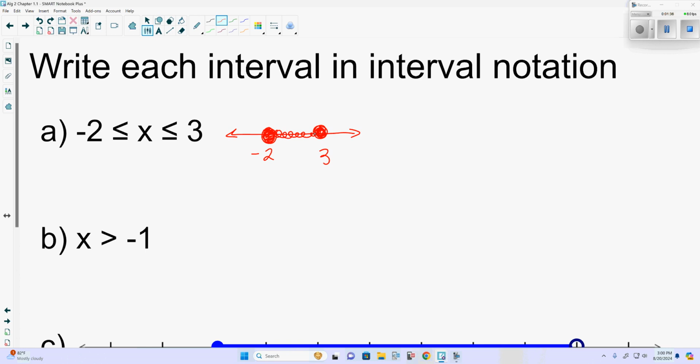Now, it asks for the interval notation. So we drew the graph of it, but the interval notation is our one with parentheses and brackets. And whenever we do interval notation, we need the endpoints. And for us here, the endpoints are -2 and 3. Now, -2, will it have a parenthesis or bracket next to it?